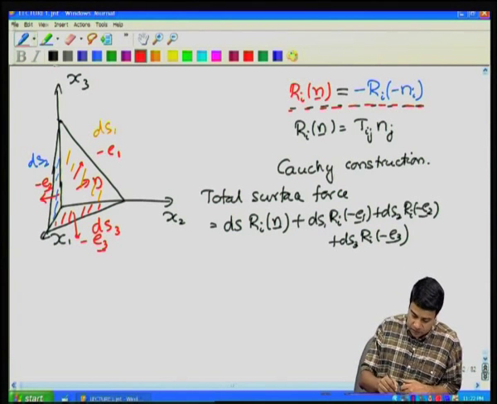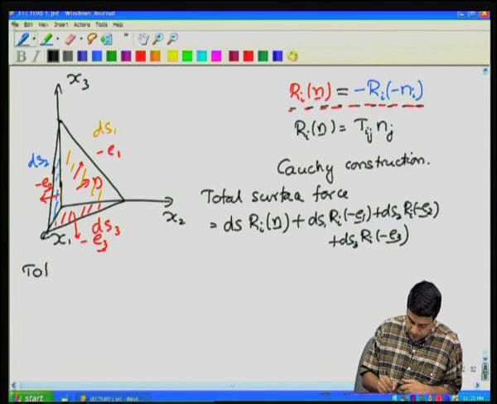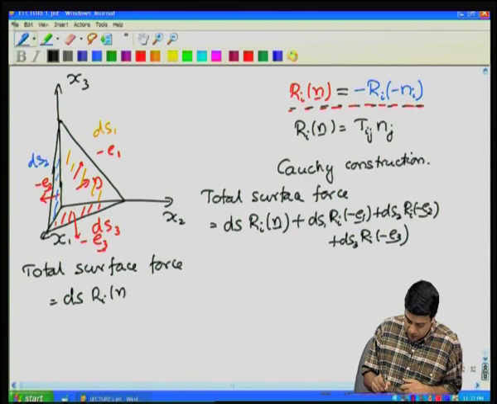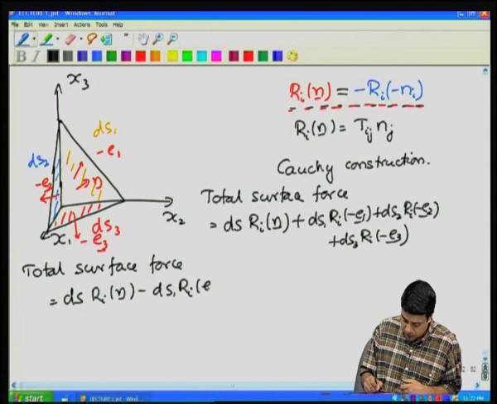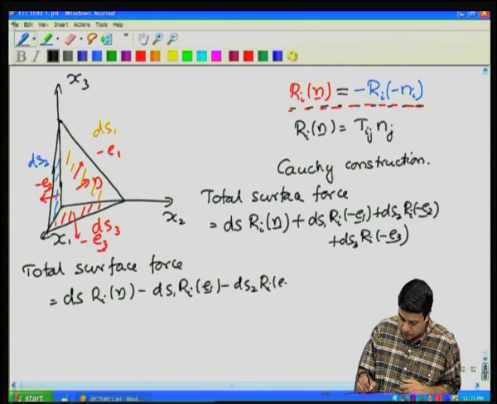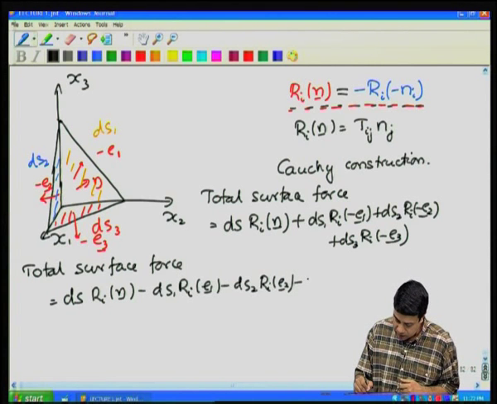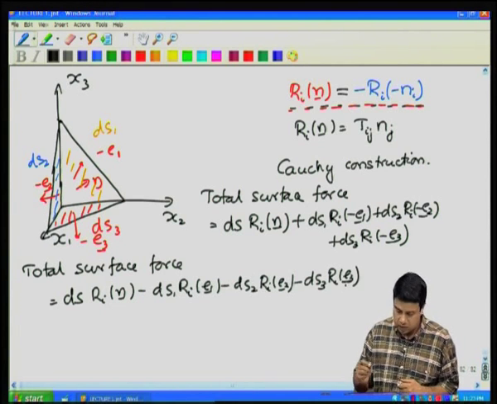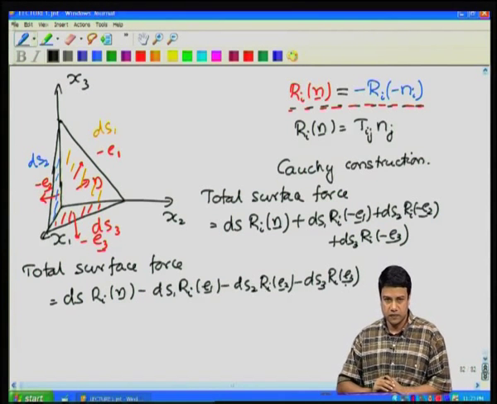So, therefore, I can write the total surface force as ds r i of n minus ds1 r i of E1 minus ds2 r i of E2 minus ds3 r i of E3. So, that is the total surface force.